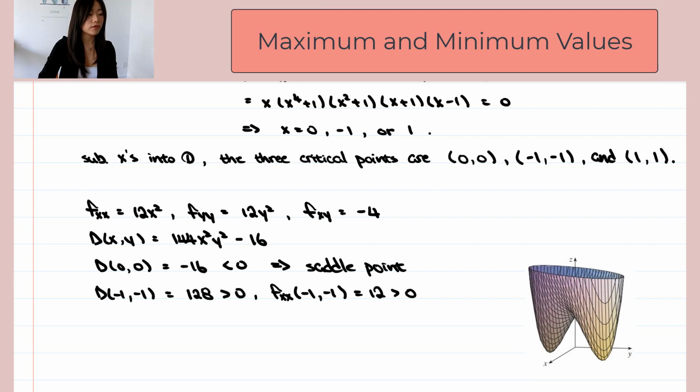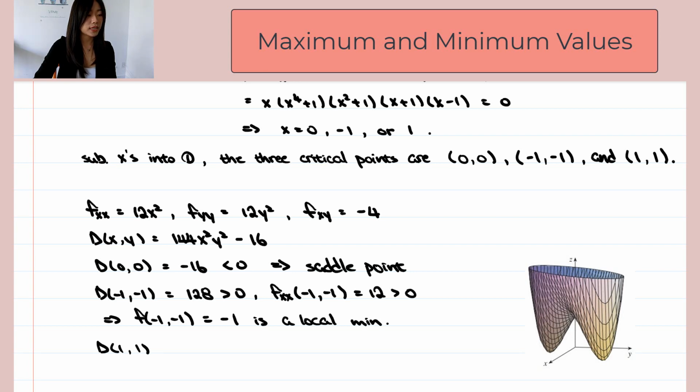And to find the value of the local minimum, I substitute -1 and -1 back to the original function. And we get the function is -1. So this point is a local minimum. And the last critical point, at 1, 1. I substitute into function D, and I get the value 128, which is again positive, so this point will either be a local min or a local max.